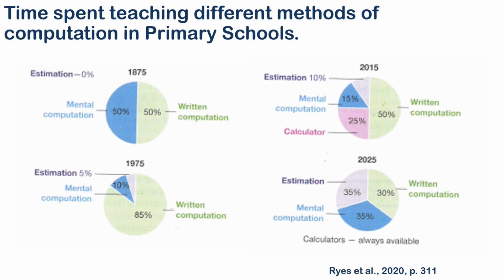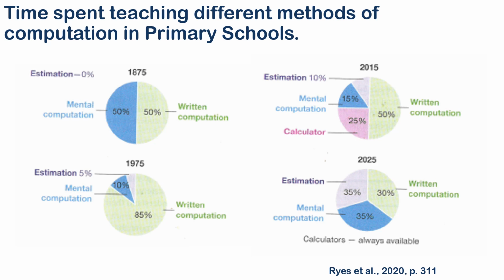And again, this is in Rees, your book, and the comparison between 1875, when there were only the two sorts of computations being done in schools, you can imagine very rote style of learning. 100 years later in 1975, pretty much the same, but we're allowing kids to estimate. Move on to 2015, that's 40 years later, and we're starting to use the idea of having a calculator.